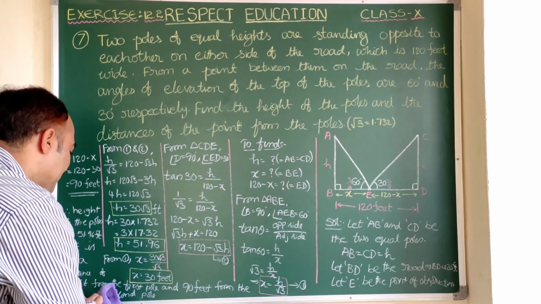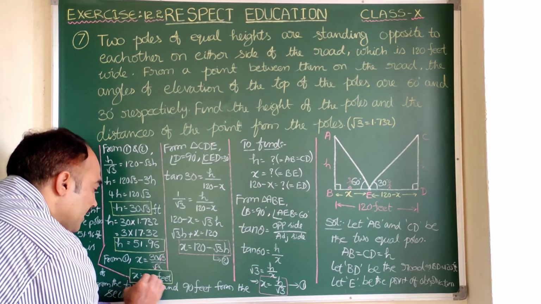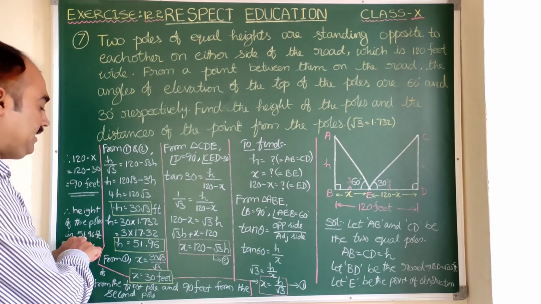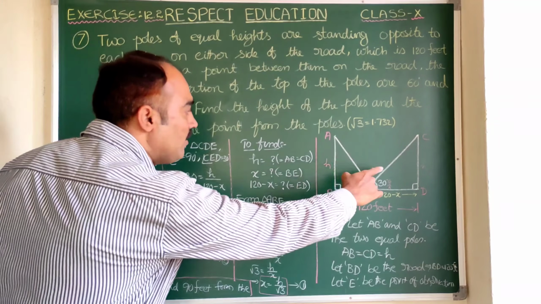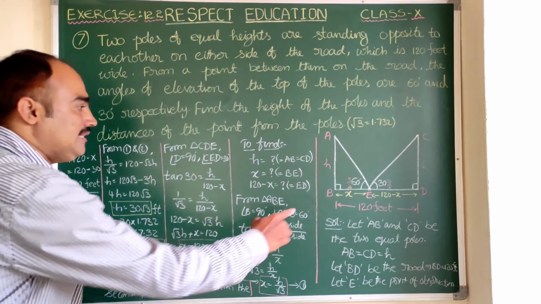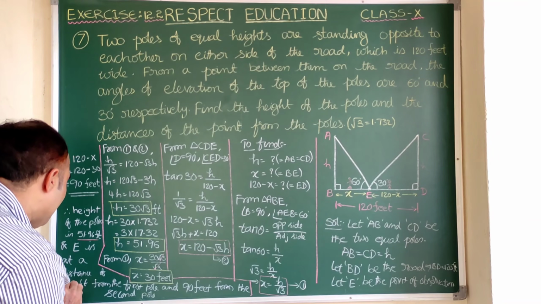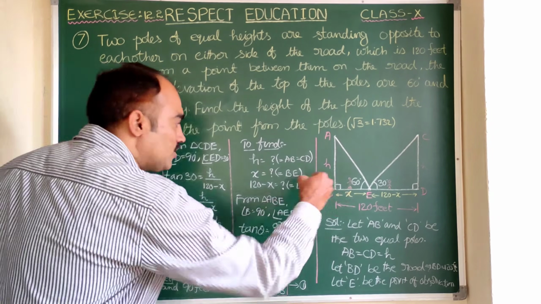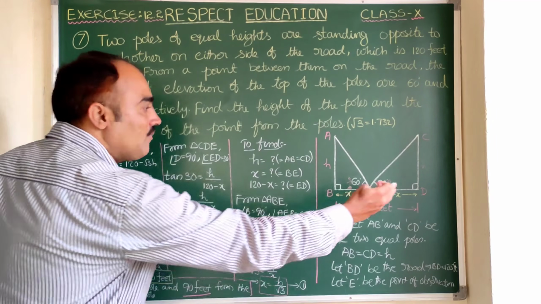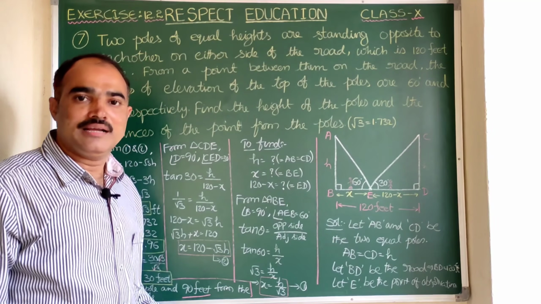Now, as we get the required answer, the height of each pole is 51.96 feet. This is one of the answers. And this point E, X feet, means 30 feet far away from the first pole, and the same point E is 90 feet far away from the second pole. So with this, problem 7 gets completed.